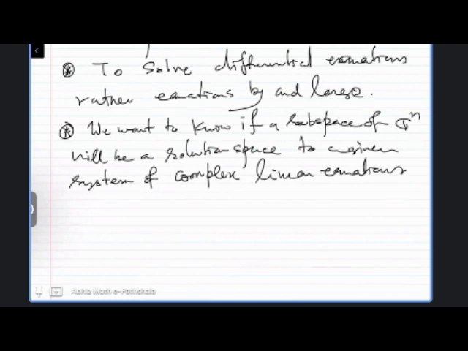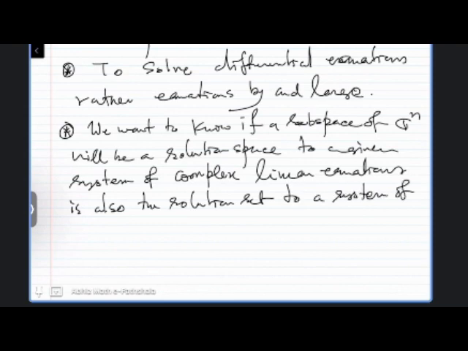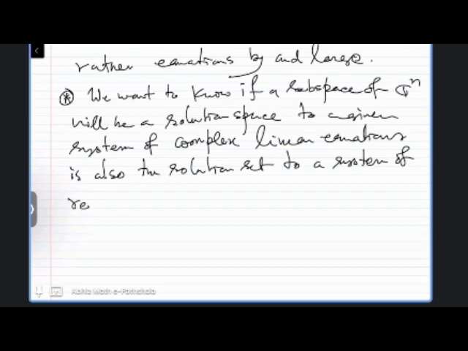Okay, is also the solution set for a system of real linear equations.